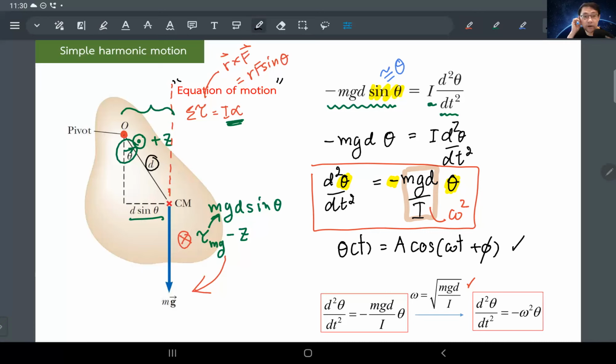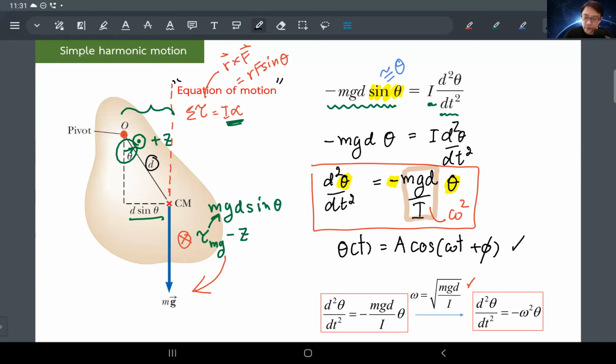Isn't that cool? So I hope you see what it means by simple harmonic motion. It happens everywhere in this universe. The thing is, wherever you hit this form of the equation, mass on the spring, simple pendulum, this one you can name a physical pendulum, any crazy system where eventually you can write the equation of motion and you end up with this form, they will all oscillate.